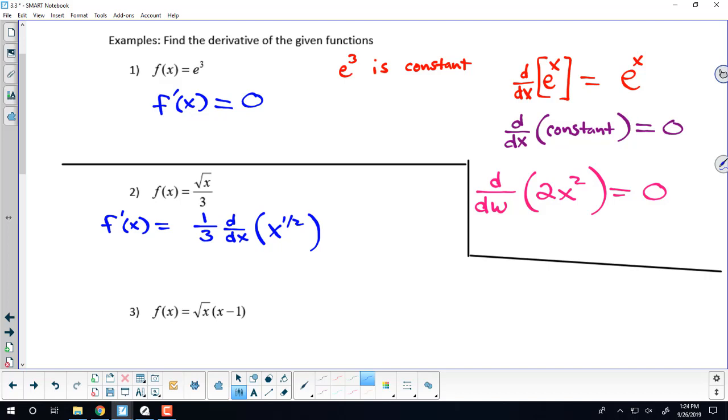Okay, and then we have the power rule for x to the 1/2. So we have 1/3, the power comes down to multiply x to the 1 less power. So we have 1/2 minus 1, which is minus 1/2 power.